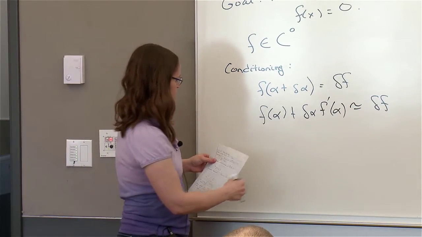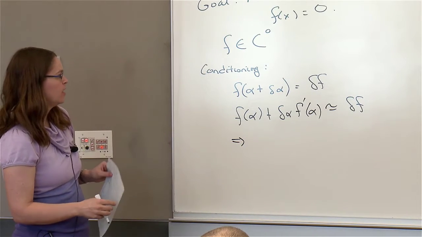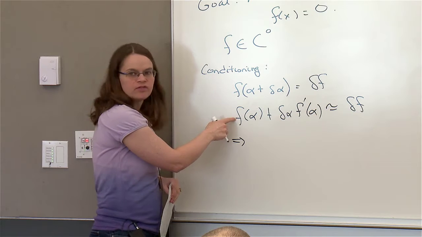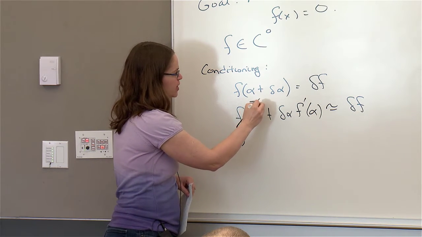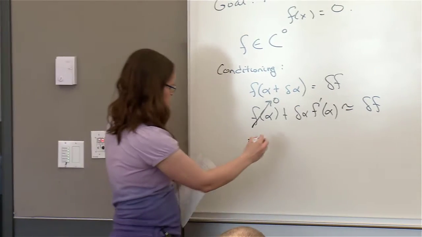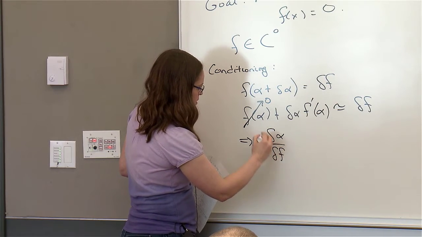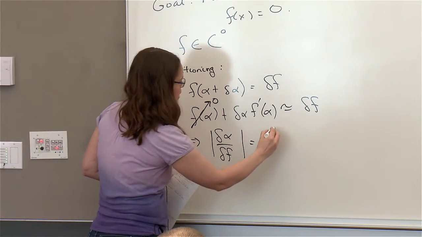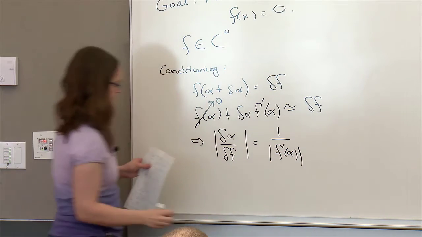Okay, so what do we get here? We're interested in the ratio of delta alpha to delta f. What is this equal to? f of alpha is 0. This is f evaluated at the true root, which we don't know, but if we look at this ratio, delta alpha over delta f, in magnitude, it's going to be equal to 1 over f prime of alpha.